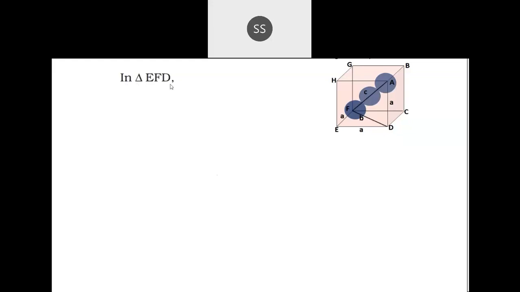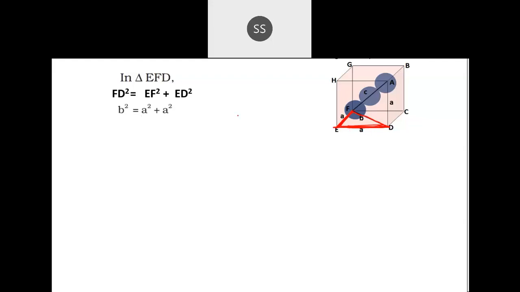So in triangle EFD, first we are calculating this, because to get the relationship, first you need to know that b value. In EFD, FD is the hypotenuse, so FD square is equal to EF square plus ED square. EF and ED are two sides of the cube which are equal to each other.